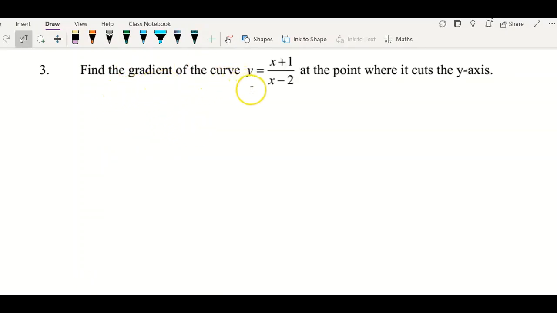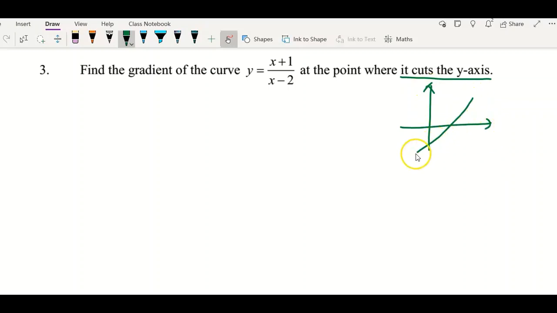Question 3. Find the gradient of the curve. This function is in quotient form, at the point where it cuts the y-axis. If I sketch a graph that cuts the y-axis, this is the y-intercept, and they actually want the gradient of the curve at this point.